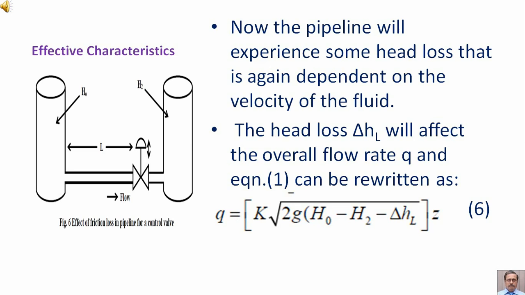Now the pipeline will experience some head loss that is again dependent on the velocity of the fluid. The head loss delta HL will affect the overall flow rate Q, and the equation can be rewritten as equation number 6 as shown.